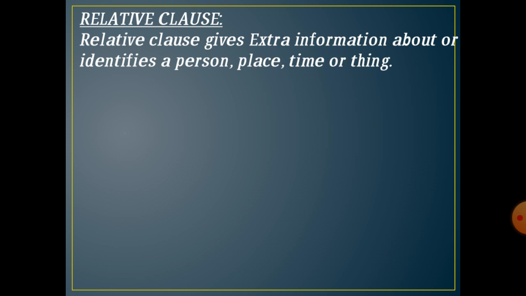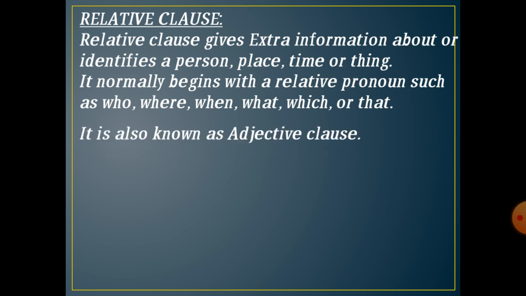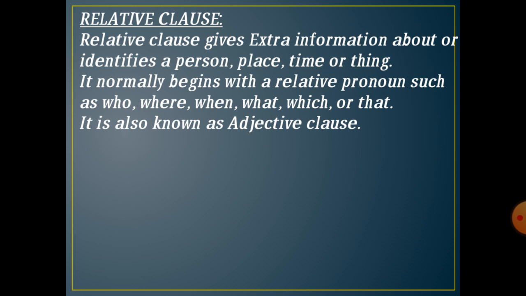So it normally begins with a relative pronoun. Keep in mind that the relative clause always starts with a relative pronoun. So what are the relative pronouns? The relative pronouns are who, where, when, what, which, that, whose. This relative clause starts with a relative pronoun. It is also called an adjective clause.